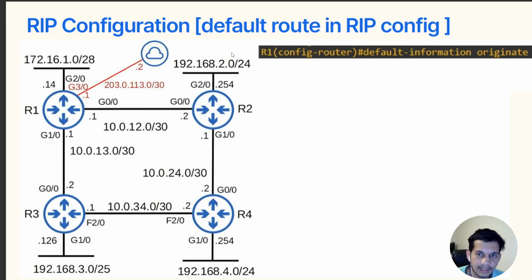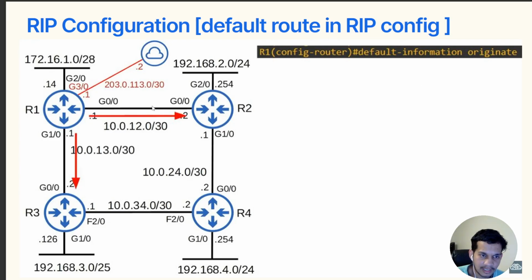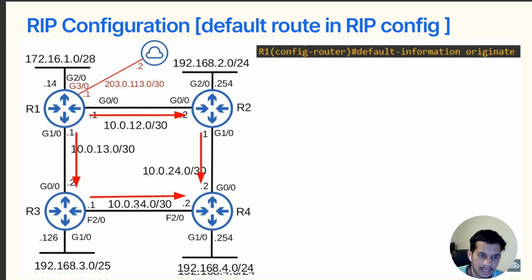In the RIP configuration, to propagate it, just configure the command default-information originate. What does this do? Router 1 will tell R3 and R2 that if you get any default packet, just send it to this interface. Then R3 will tell R4, and R2 will also tell R4. That's how the propagation takes place.